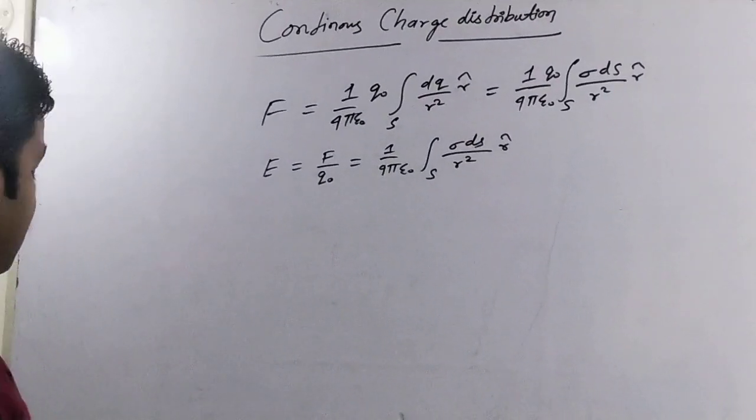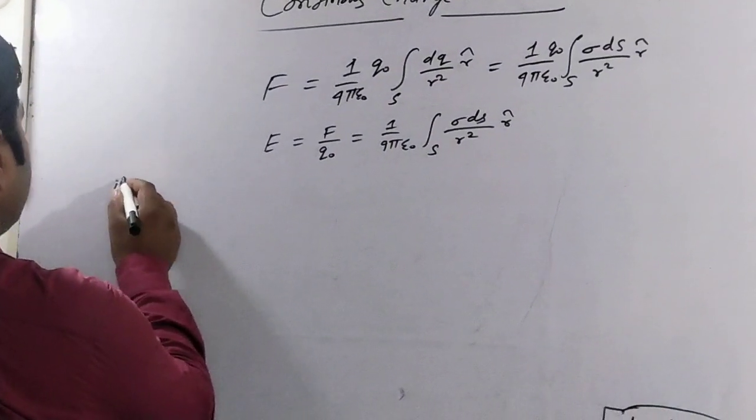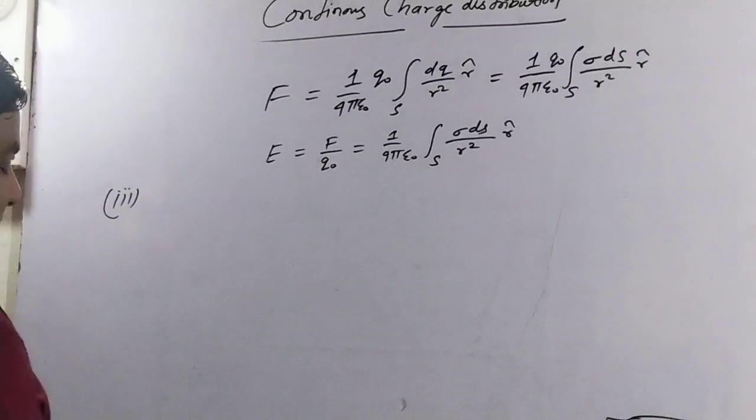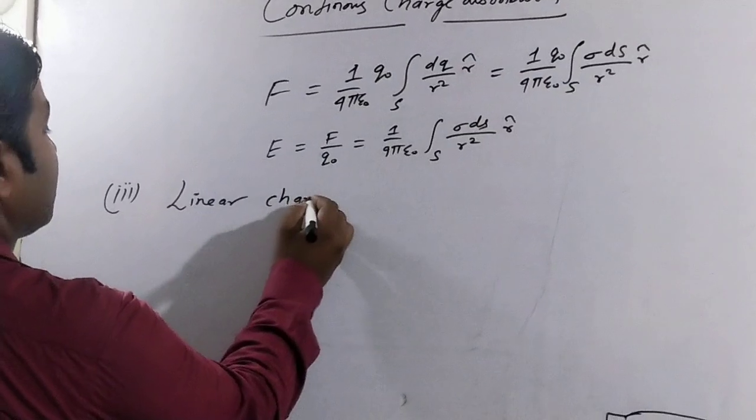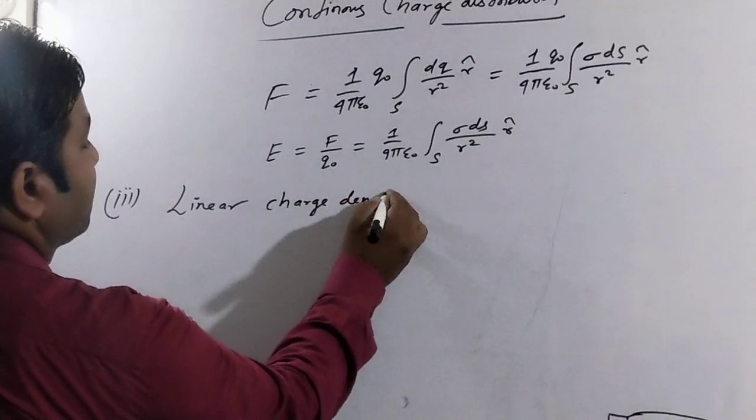The last one, that is third number, linear charge density.